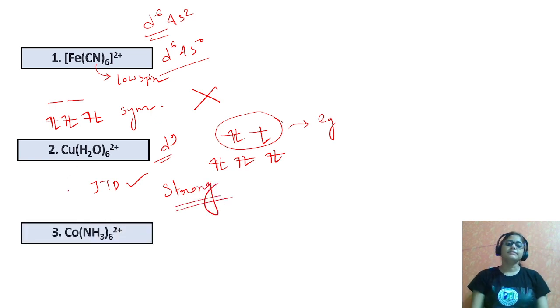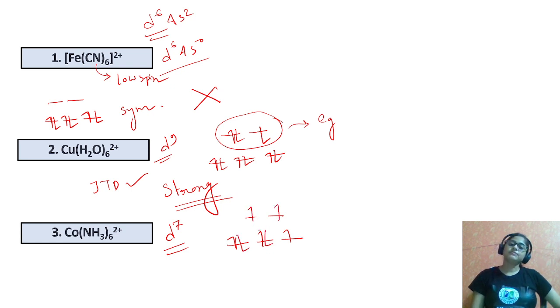Next, Co(NH3)6 2 plus. Okay. It is a D7 configuration, D7 Co2 plus, and it will be 1, 2, 3, 4, 5. NH3 is not so much a high field ligand, so that's why it will not pair up. 1, 2, 3, 4, 5, 6, 7.